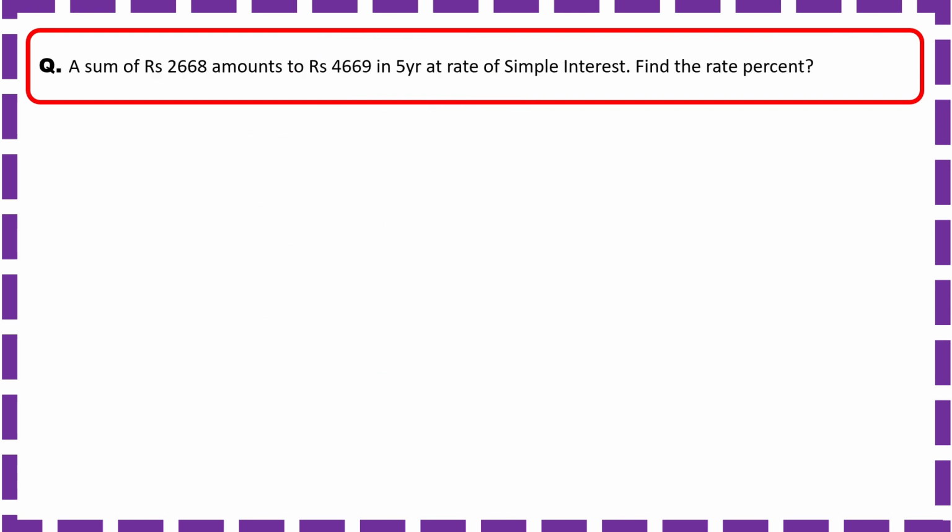A sum of rupees 2668 amounts to rupees 4669 in 5 years at a rate of simple interest. Find the rate percent. So this principal becomes this amount in this time duration.